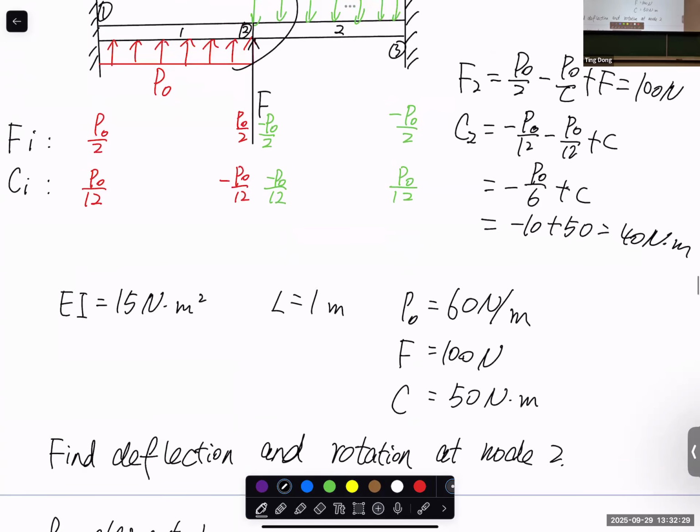This is clear? These should be the two numbers I need to put in the force vector.